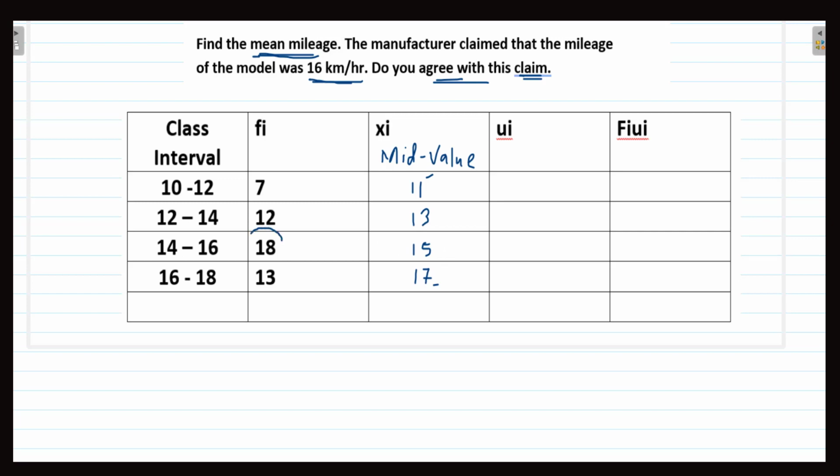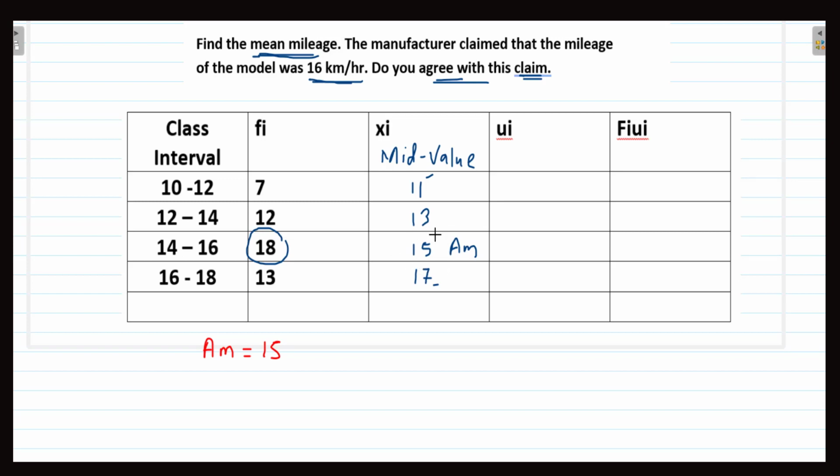So here 18 is the greater frequency, and therefore we will assume 15 as the assumed mean. So our assumed mean is 15, so that our answer should be closer.